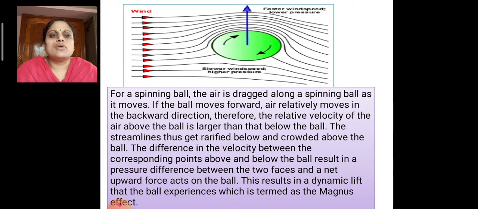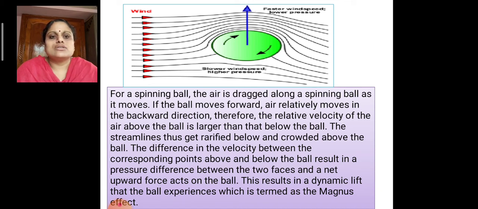For a spinning ball, the air is dragged along with the spinning ball as it moves. If the ball moves forward, air relatively moves in the backward direction, and therefore the relative velocity of air above the ball is larger than below the ball. The streamlines thus get rarefied below and crowded above the ball.